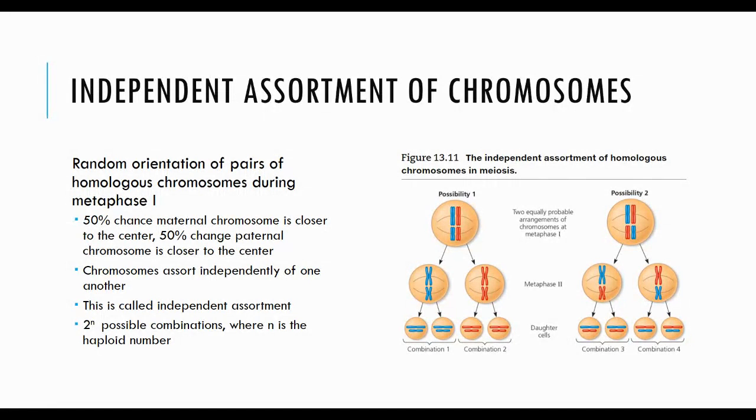So this idea is called independent assortment. There are 2 to the n possible combinations, where n is the haploid number. For humans, there are 2 to the 23rd combinations of how our homologous chromosomes could align, which is about 8.4 million.